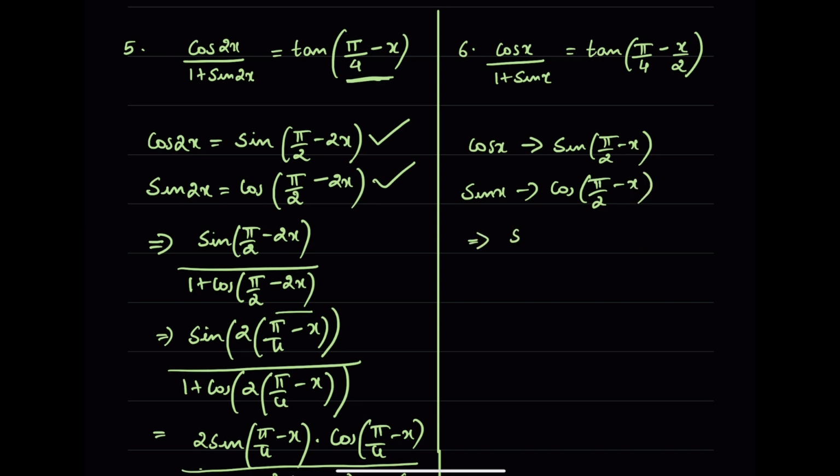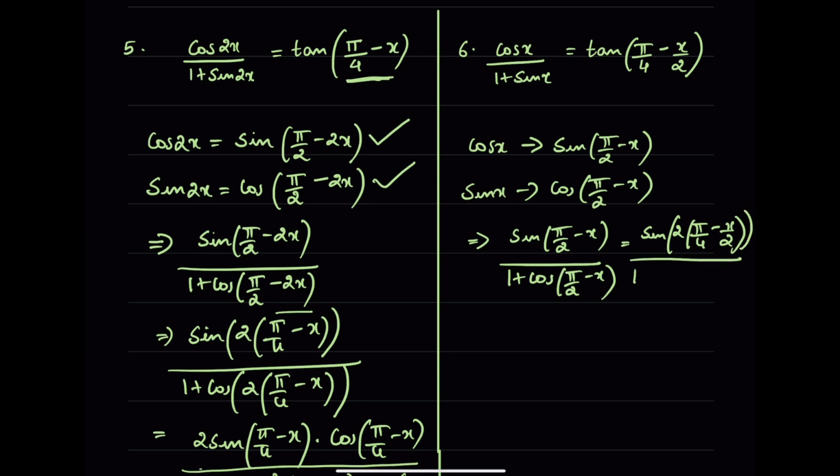So we would get sine of pi by 2 minus x divided by 1 plus cos of pi by 2 minus x. Now this can be further changed to sine of 2 times pi by 4 minus x by 2 divided by 1 plus cos of 2 times pi by 4 minus x by 2.